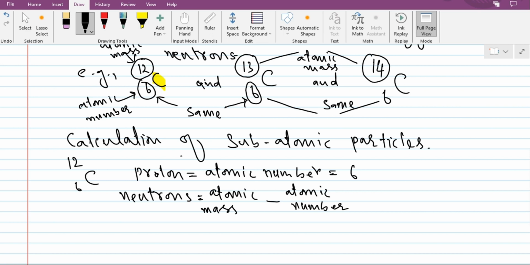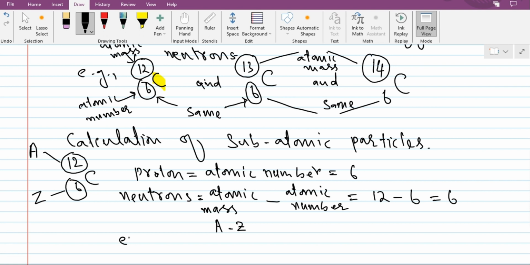Furthermore, one more thing we have to discuss: the 12, which is the atomic mass, is always represented by the letter A, whereas the atomic number is represented by the letter Z. So we can write A minus Z, to remember. As the atomic mass is 12 and the atomic number is 6, the answer is 6. In this way, we learned how to calculate different subatomic particles.